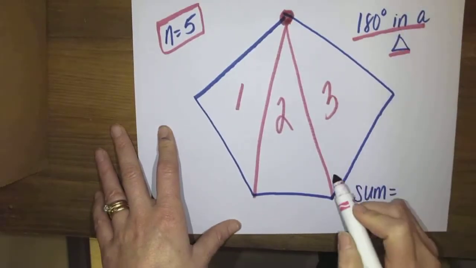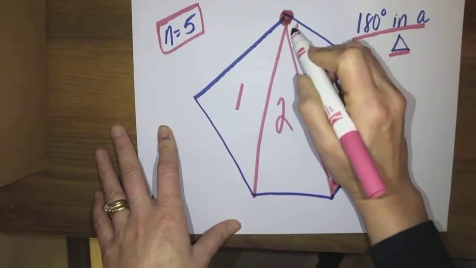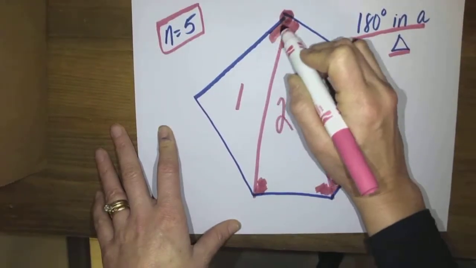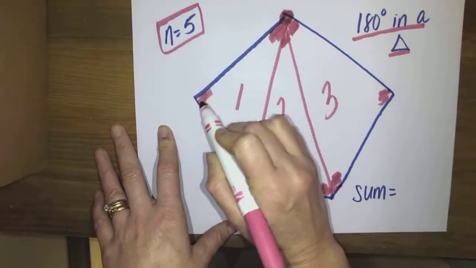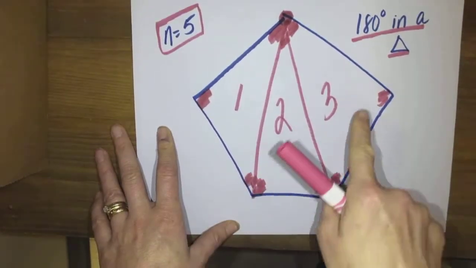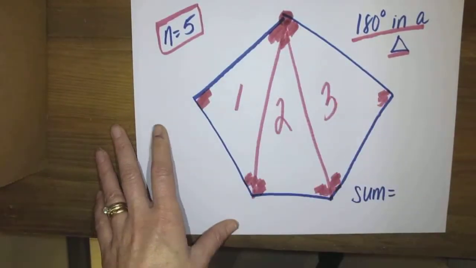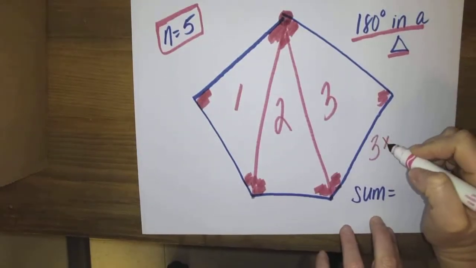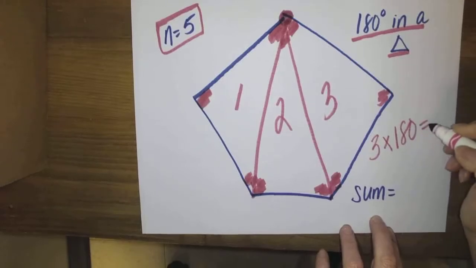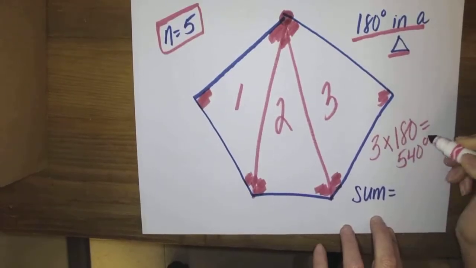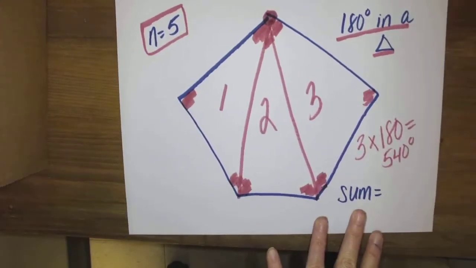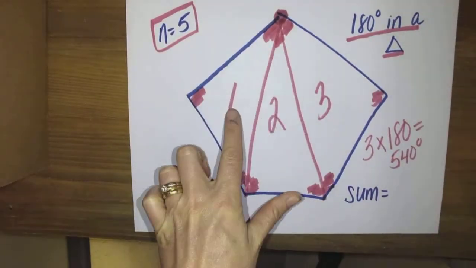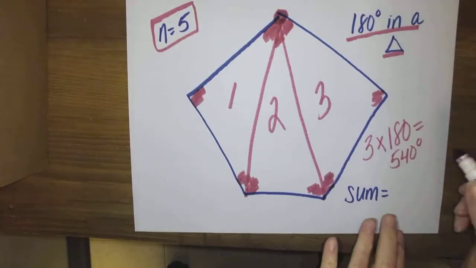So if each triangle is 180, so if these 3 angles add to 180, these 3 angles add to 180, and the 3 angles in that last one over here add to 180, I will have colored in all the angles of the pentagon. So I have 3 triangles, 180 each, so all 5 angles would add to 540. Now there is a formula for this, if you'd rather do that instead of dividing it into its triangles.